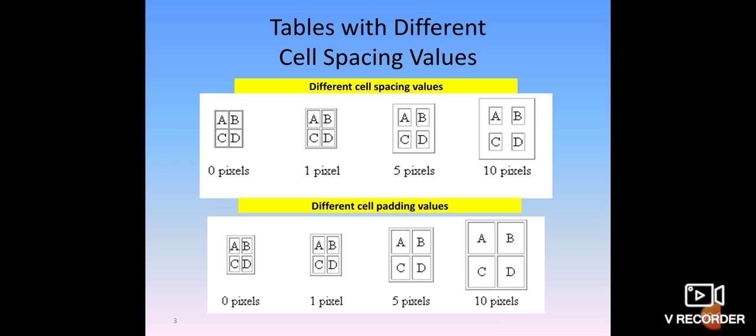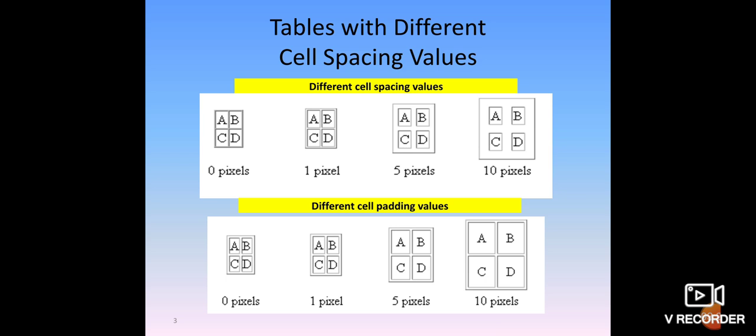A, you see, is very much attached to the corner of the borders. When it is 1 pixel also, how much space is there? Whereas with 5 pixels, you can see between the outer border and the letter inside there is a little bit of space.